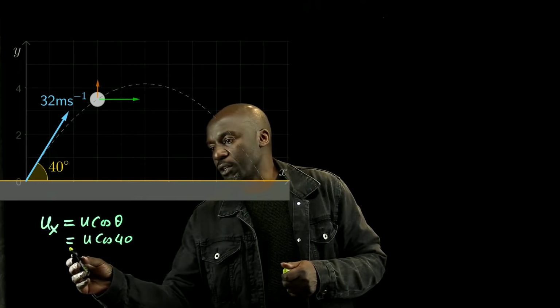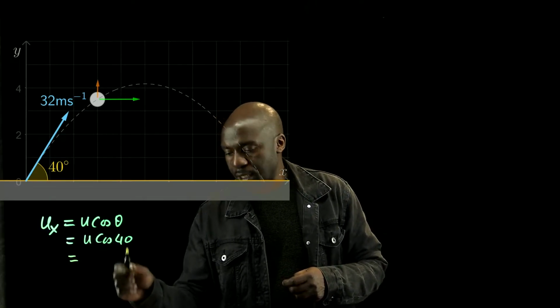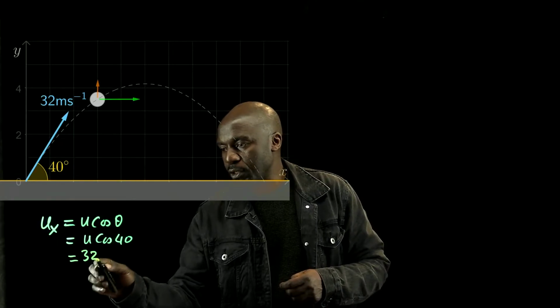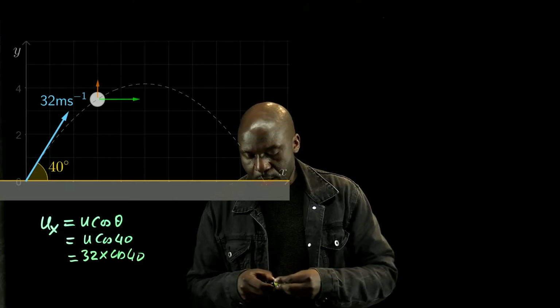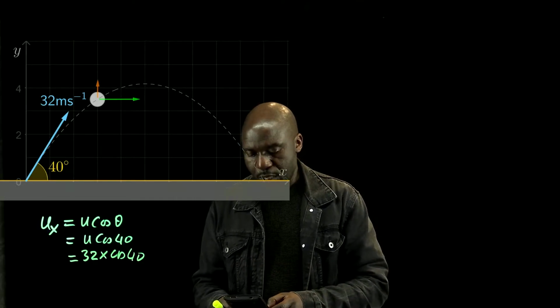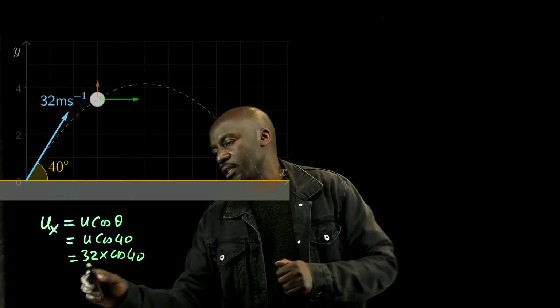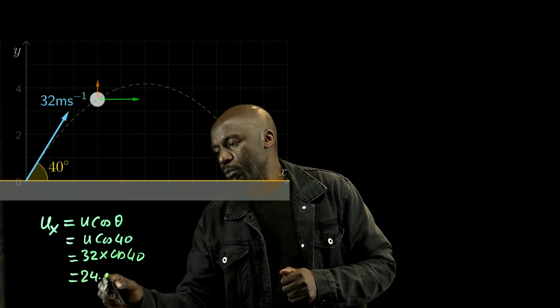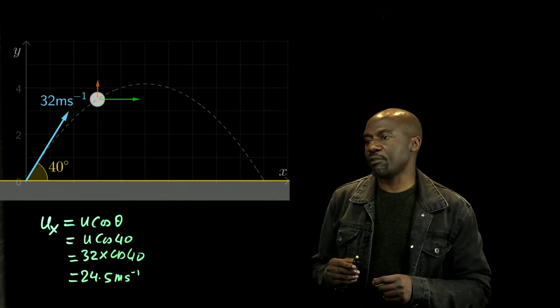So the horizontal component is going to be 32 multiplied by cosine of 40, which gives me 24.5 meters per second, and that is the horizontal component of the velocity.